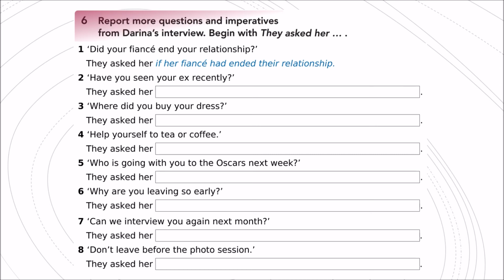If you categorize them correctly, you will notice that these are yes-no questions and therefore should begin with if or whether. These are WH questions and therefore should begin with the given WH words. And finally, these ones are imperatives, an affirmative one and a negative one. You now have 1 minute to complete the whole practice.